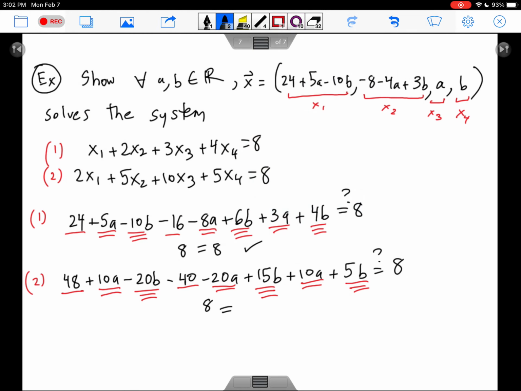So again, we have an 8 on the left and an 8 on the right. The equation is true as well. So that proves that that vector up there is a solution. That guy is a solution.